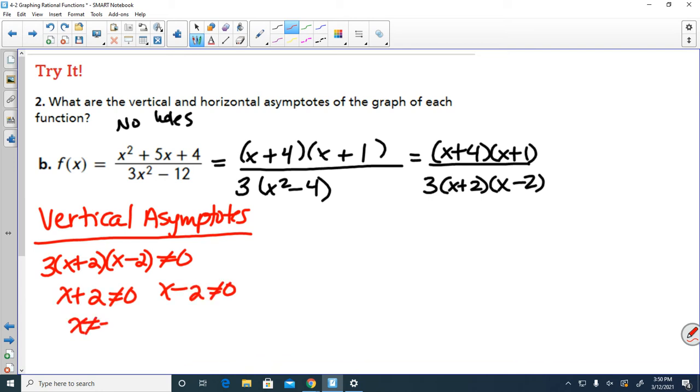So x cannot be negative 2, and x cannot be positive 2, which means that there are vertical asymptotes at x equals negative 2 and x equals positive 2.